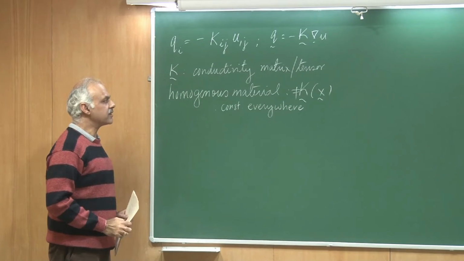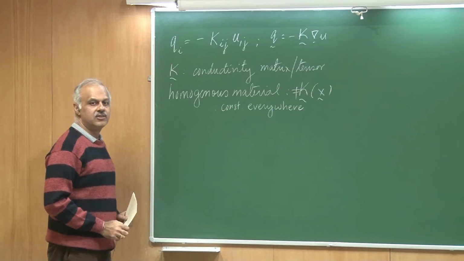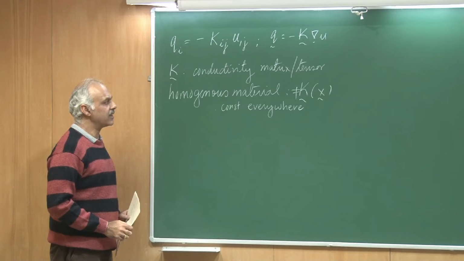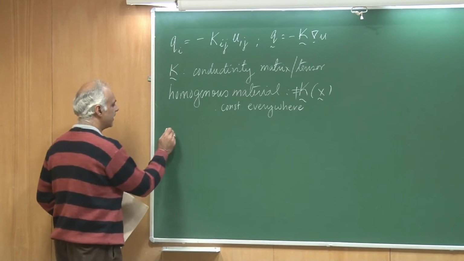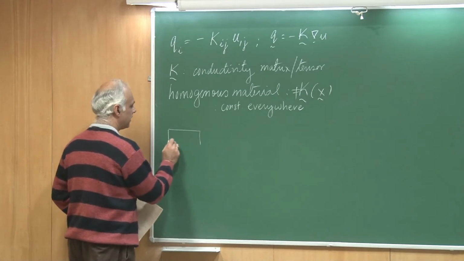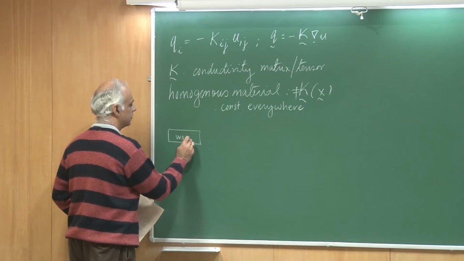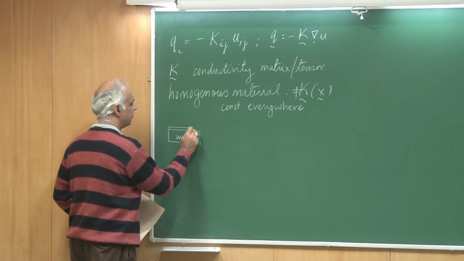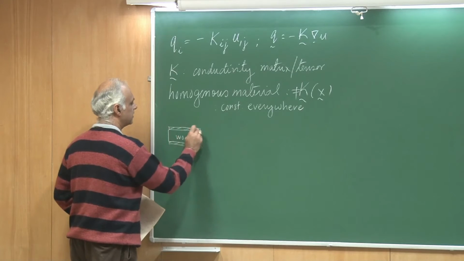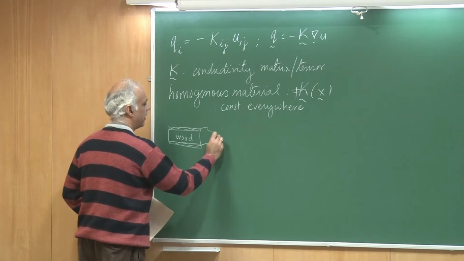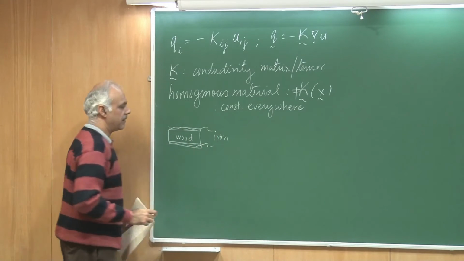I could have a composite material where K could be different in all directions. So I could have a situation where the conductivity may be of, so I can think of a material like this. So maybe this is wood, and then I have these plates of iron or steel.